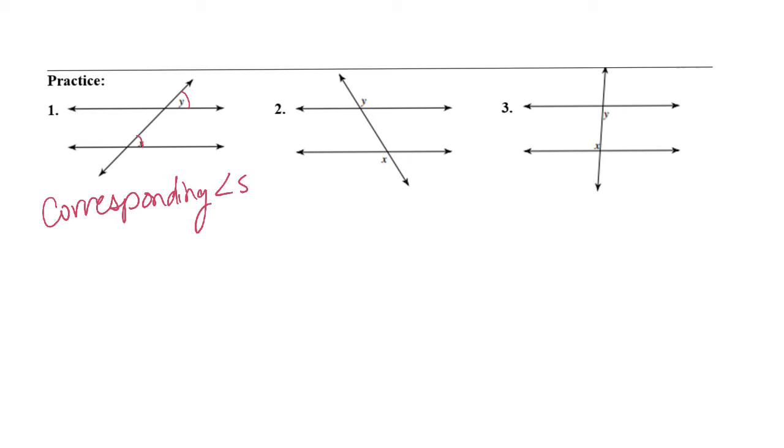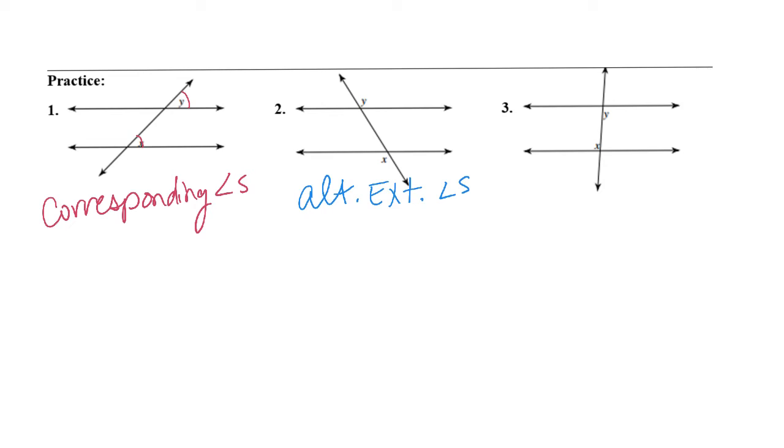All right, number 2, if you notice, they're on opposite sides of that transversal. So it's going to be one of those ones where it talks about alternate. So they're on the outside of the parallel line. So that's going to be alternate exterior angles. All right, next one, number 3.